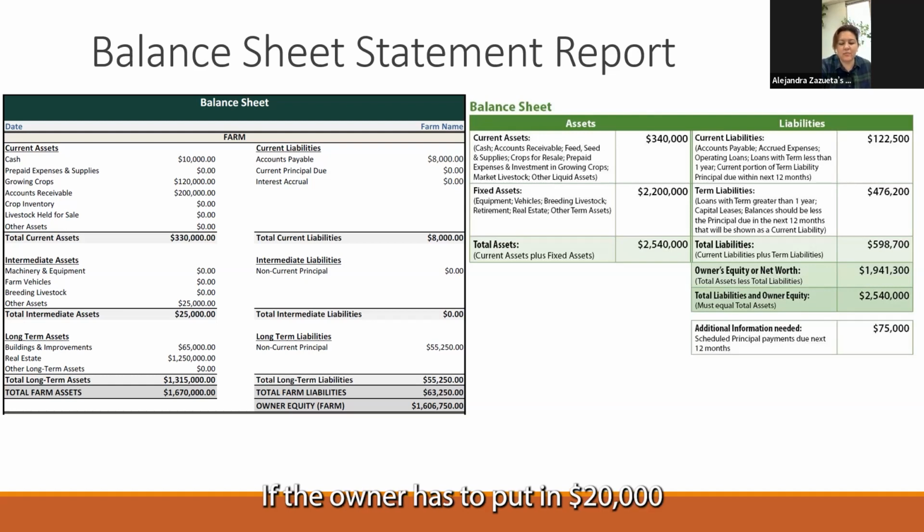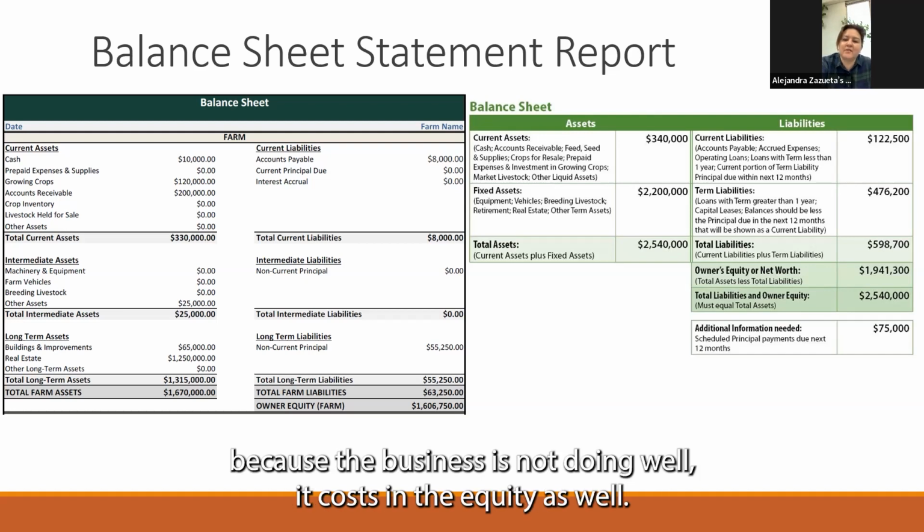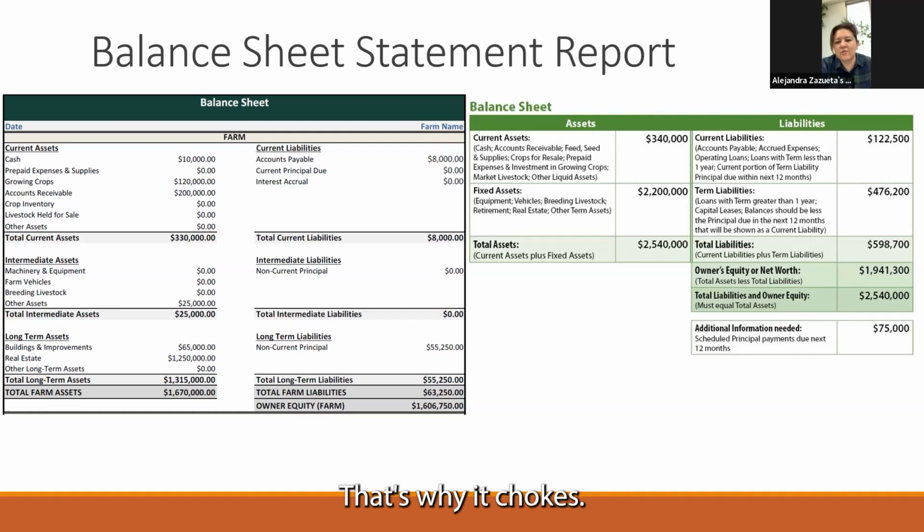If the owner has to put in $20,000 because the business is not doing well, it goes in the equity as well. That's where it shows. And then I have some examples of what a balance sheet for a farm would look like on the right side. Next, please.